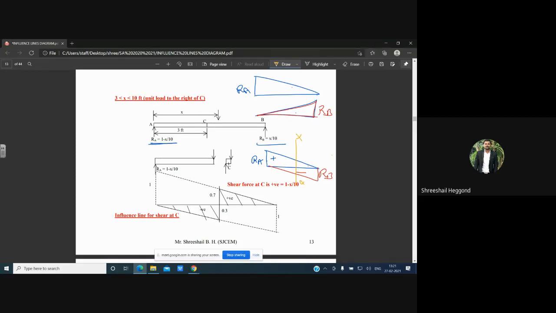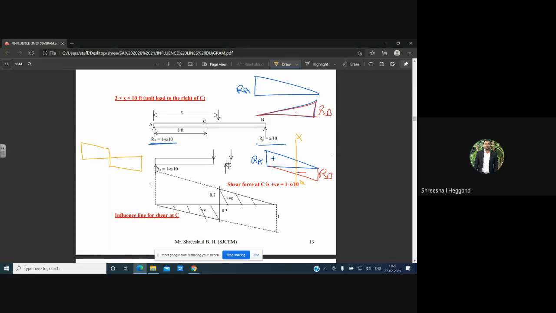And the diagram for the shear force for the XX section can be drawn as: the top one, the triangle comes, then the vertical line, and then it goes there. This is how it has to be represented for shear force.